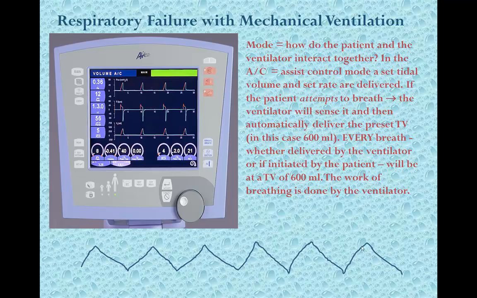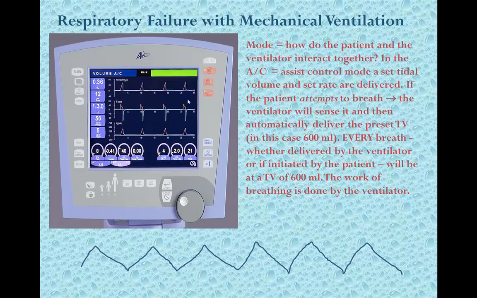So that is the reason why I have drawn this very prehistoric figure down here: every breath, whether the patient delivers the breath or whether the breath is initiated by the patient, the ventilator will either do all the work or it will complete the work of breathing.